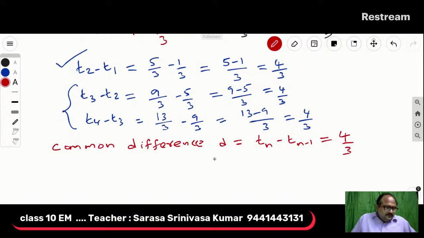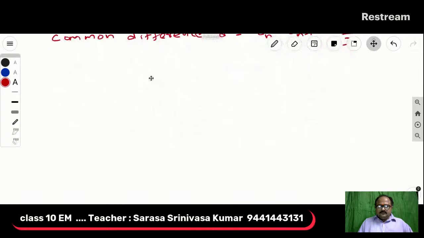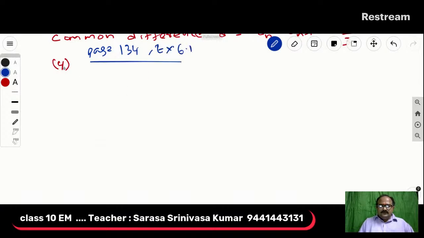Now another problem, the fourth problem. This is page number 134, Exercise 6.1.